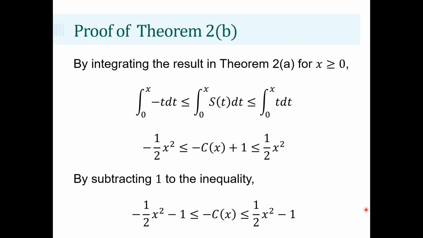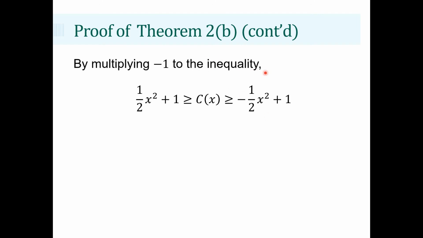And then next is, kailangan C of x lang to, so we multiply by negative 1. So that becomes now C of x is less than or equal to. Note that nag-reverse na yung ating inequality, kasi di ba, meron tayong theorem na kapag nagmo-multiply or divide ng negative, kailangang mag-reverse yung ating inequality.